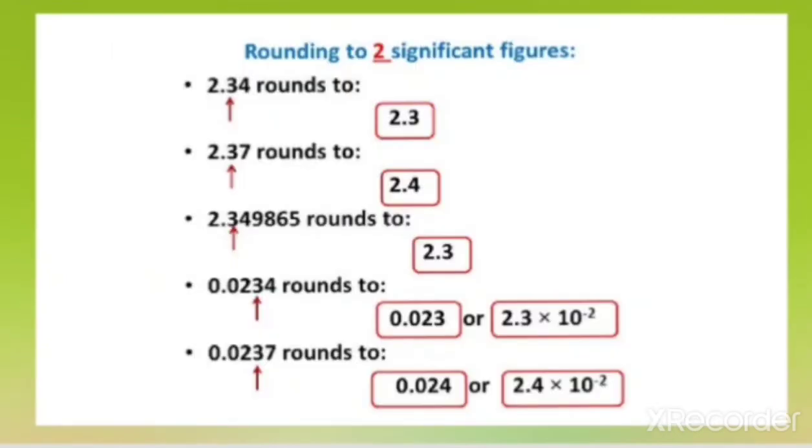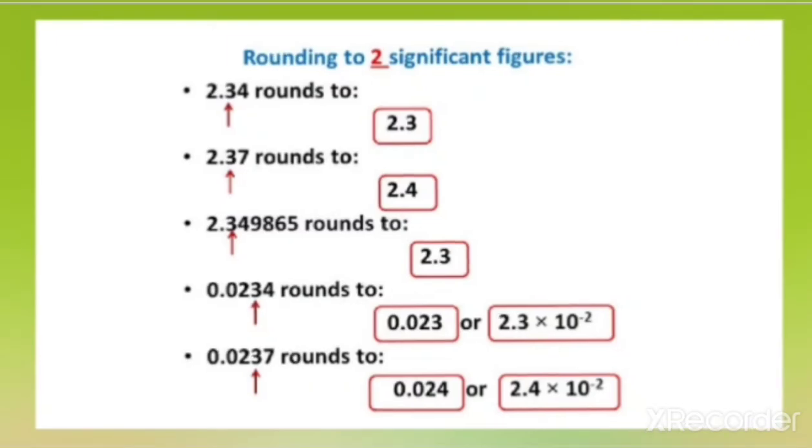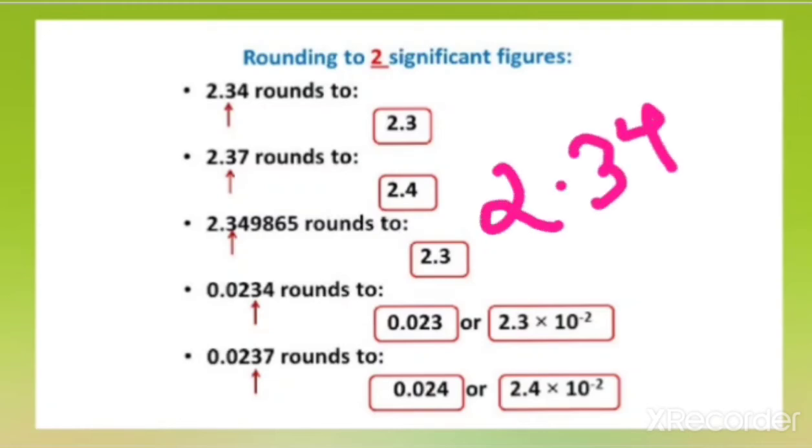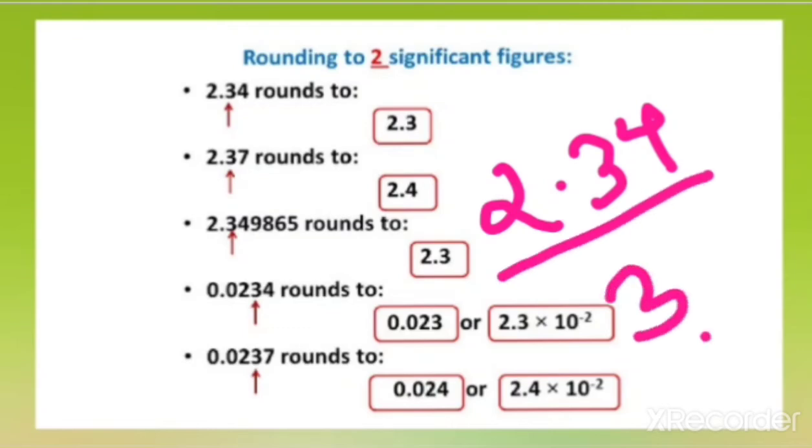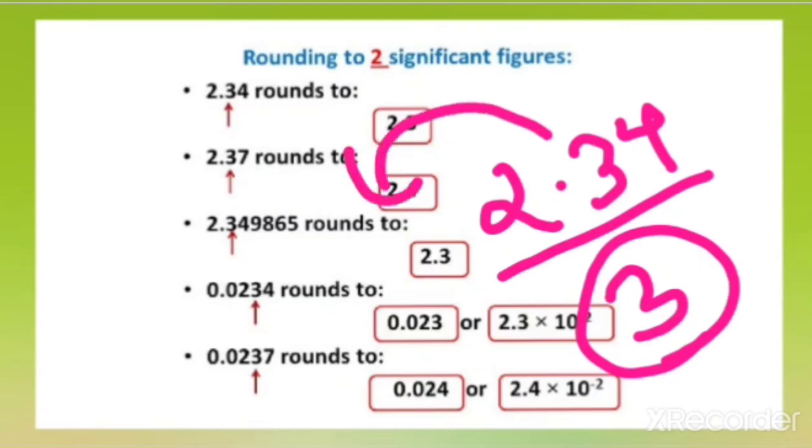Now here, how to round off to the 2 significant figures. Now questions will be given in this way also, to round off to the 2 significant figures. So if you want to round off this number, the first number which is given here, 2.34, to the 2 significant figures, as here 3 significant figures are there in this number. Now we have to round off this number into 2 significant figures.